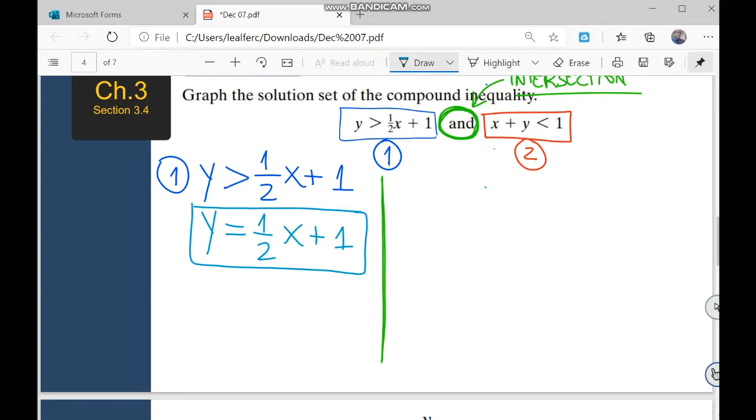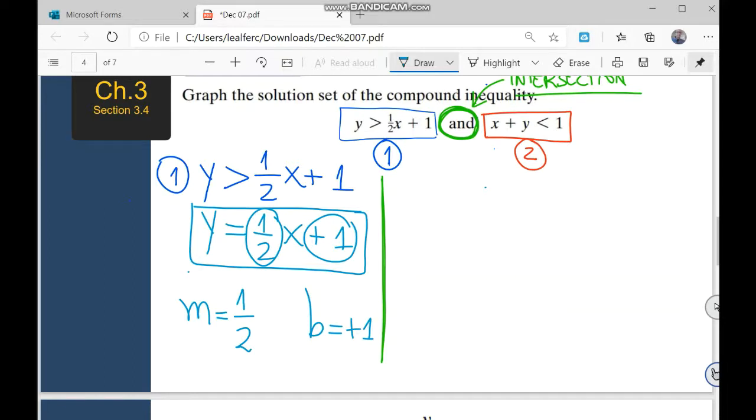To be able to graph the related equation, we have to identify the slope, m equals 1 over 2, and we have to identify the y-intercept. The y-intercept is b, positive 1. Now we are ready. We will wait a little bit, because we're going to work on inequality number 2 first.